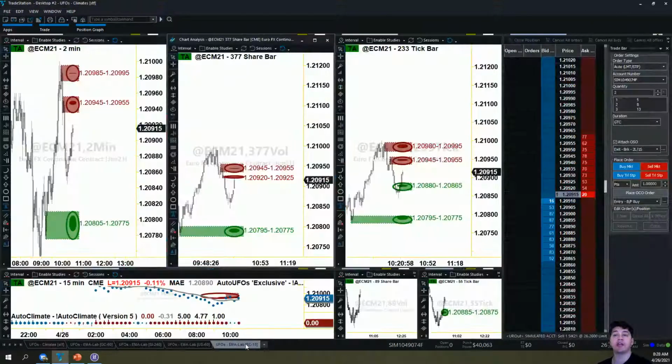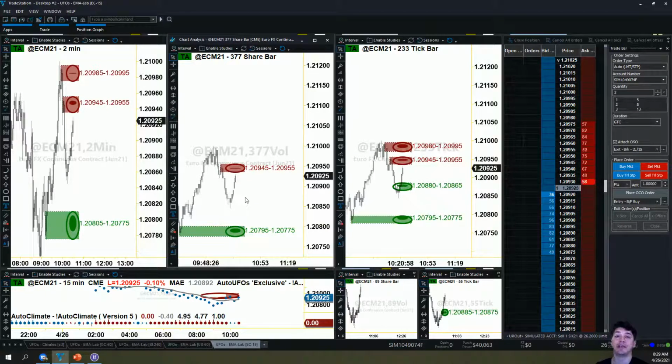But you can always say, hey, you know what? I'm okay with taking a trade before it hits a UFO, right? You might say, I'll give it a couple of ticks leeway, because more often than not, my trades, let's say we were taking it short here, all these trades come very close to here, a tick away, and then they move along, which has happened with us here several times on the channel.